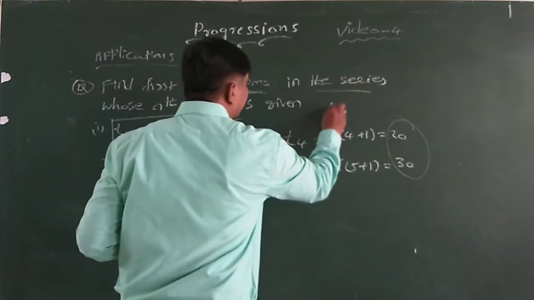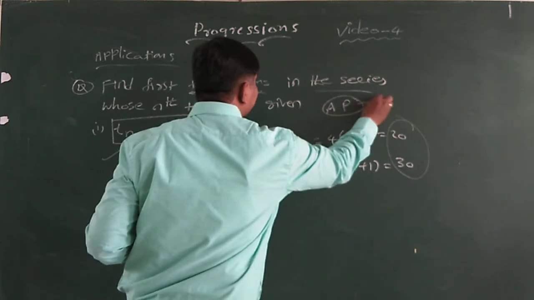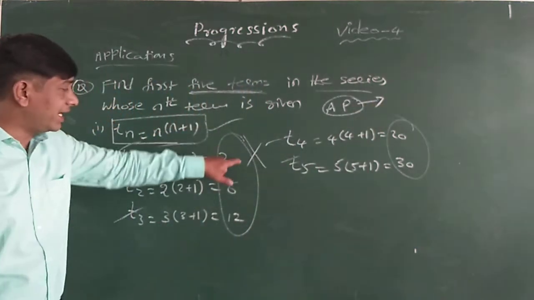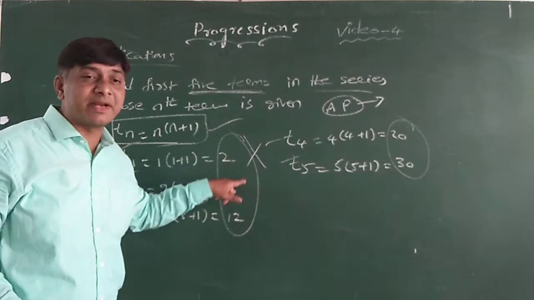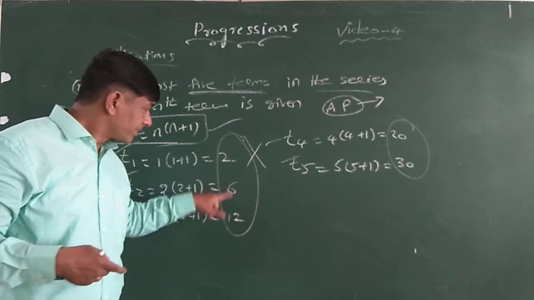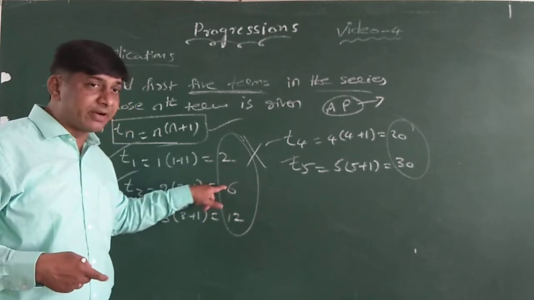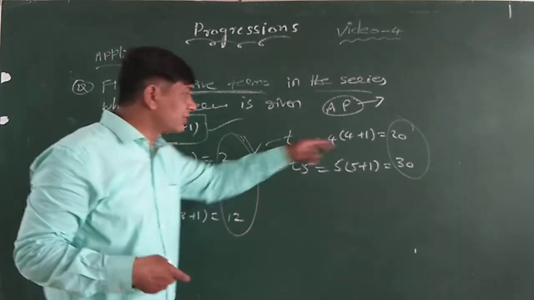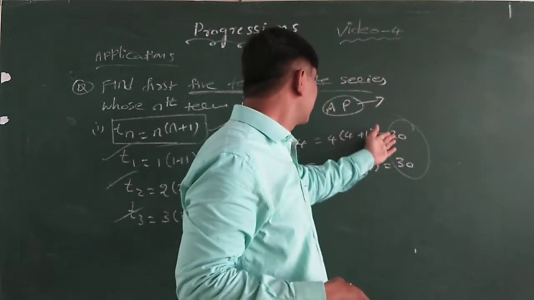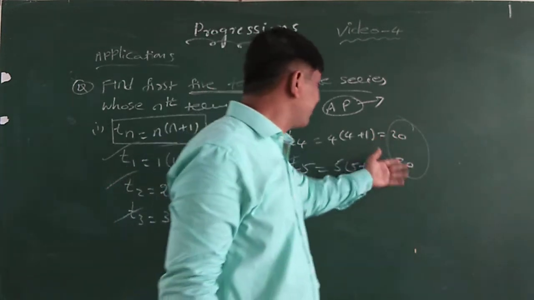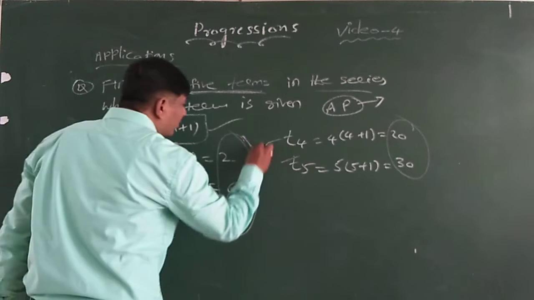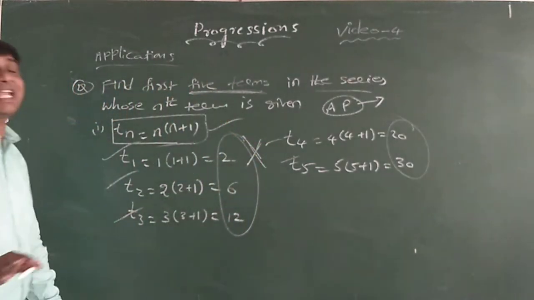An arithmetic progression is a sequence obtained by adding a fixed number, whereas here you are not adding a fixed number, you are adding different numbers. So this is a progression, but it is not an arithmetic progression.